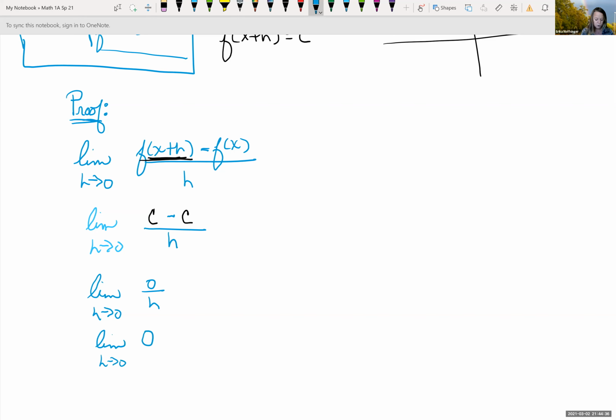And by our limit rule, if we have a limit of a constant, it is just equal to that constant. There's no h in here, or no place to plug in 0 for h. This is just giving me back 0. And so if f of x is equal to c, then f prime of x is equal to 0. And we just showed that using the formal definition of the derivative.